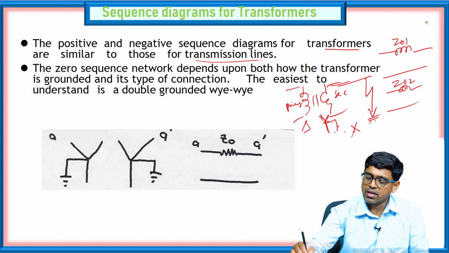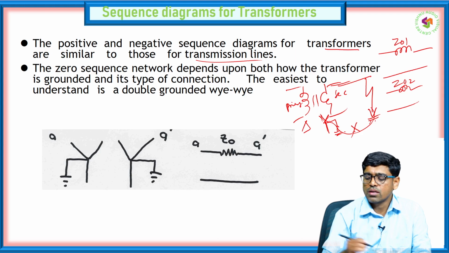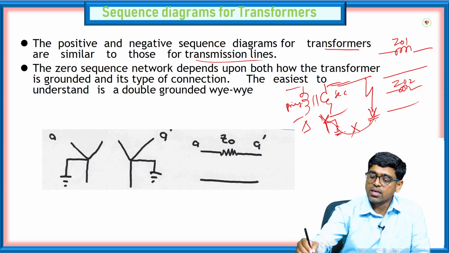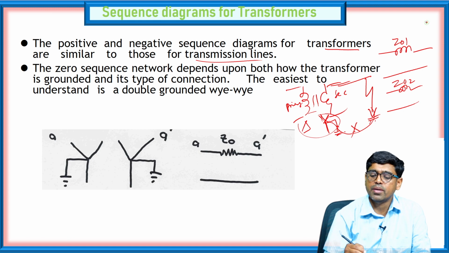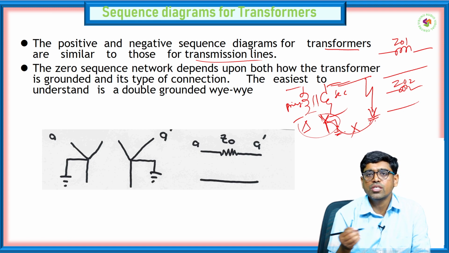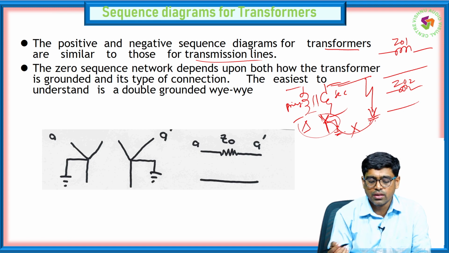But if there is a ground connection, this particular current can flow. So based on the connection of the transformer, we can see how the zero sequence network can be connected.